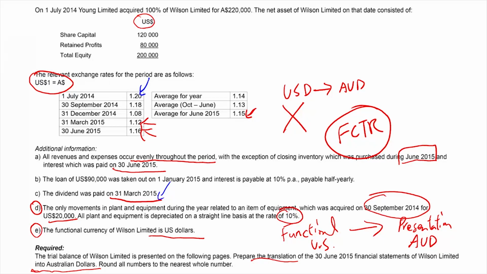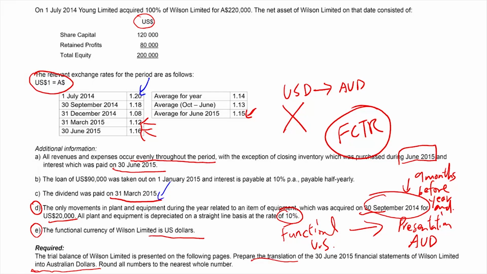It's not the depreciation rate that matters here. It's going to be the time. Because as you can see, this is 30th of September 2014. This is 9 months before the financial year end, 9 months before June 2015. Why is that important? Because depreciation, yes, we are using the average rate.